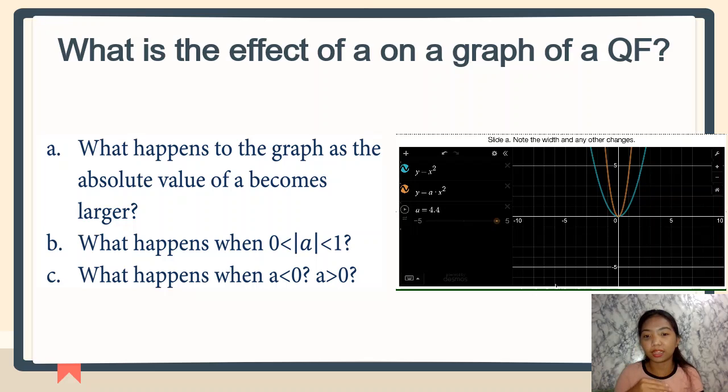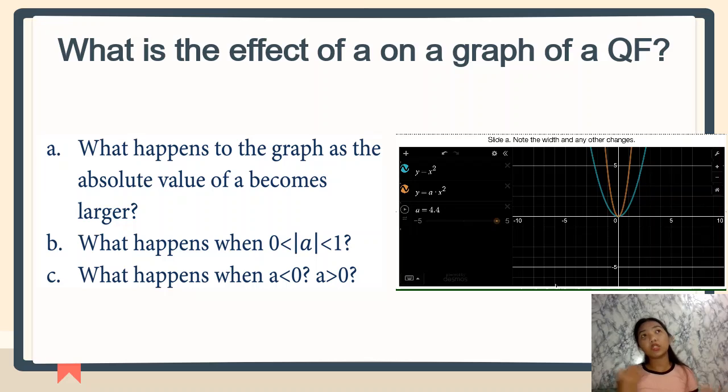If we make a bigger, like 5 or 6, the graph will become narrower. The bigger, the narrower. The same is true if negative: the bigger the negative value, the narrower the graph, and the smaller the negative value, the wider the graph.